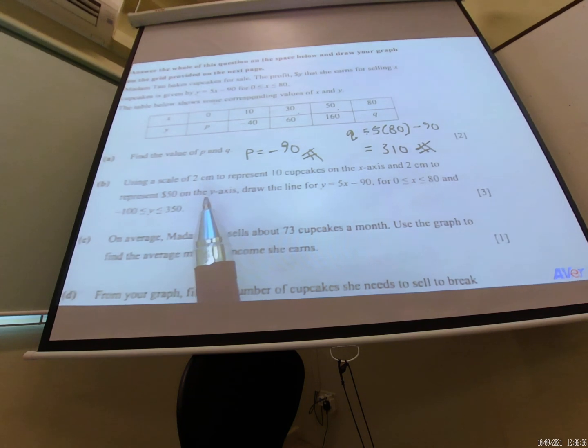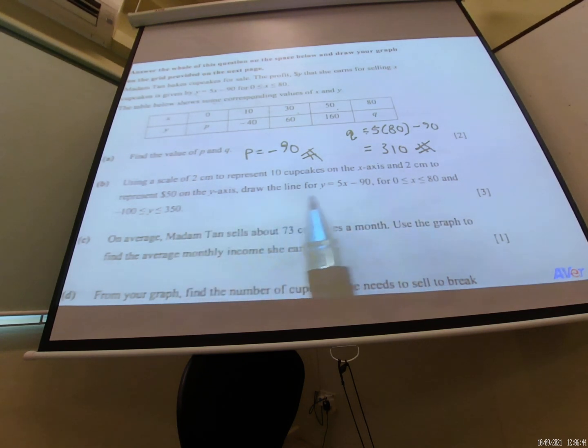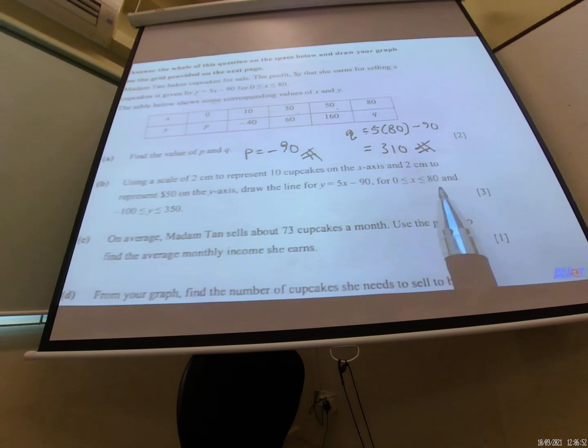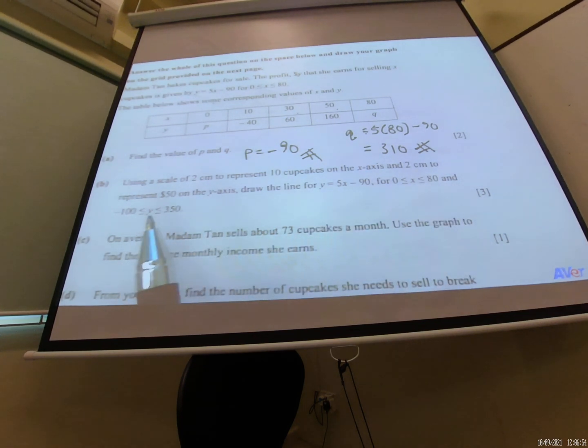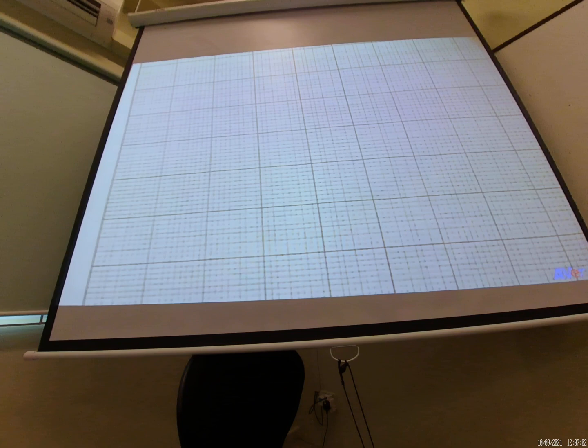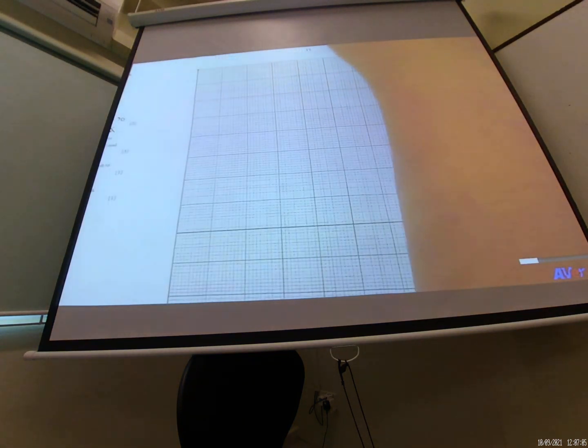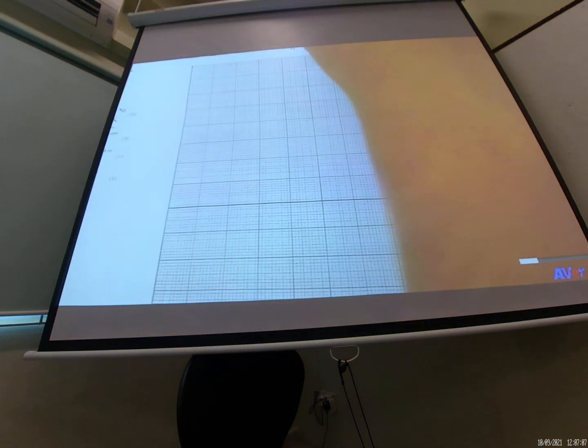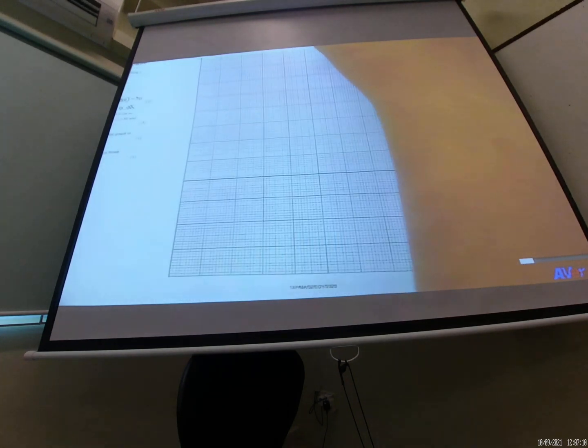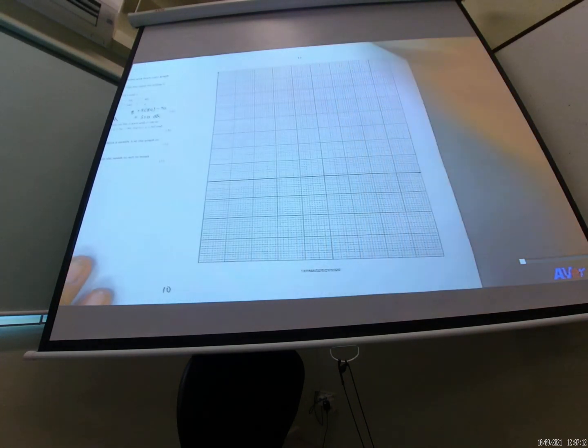Using a scale of 2 cm to represent 10 cupcakes on the x-axis and 2 cm to represent $50 on the y-axis, draw the line y equals 5x minus 90 for x from 0 to 80 and y from negative 100 to 350. But we cannot use exactly 2 cm, because when we print this question paper for you, it has been shrunk already.